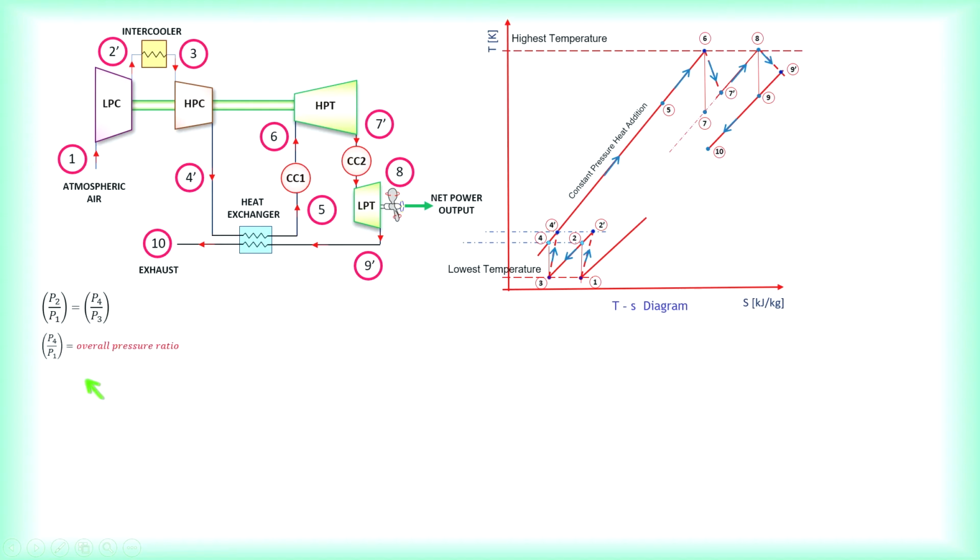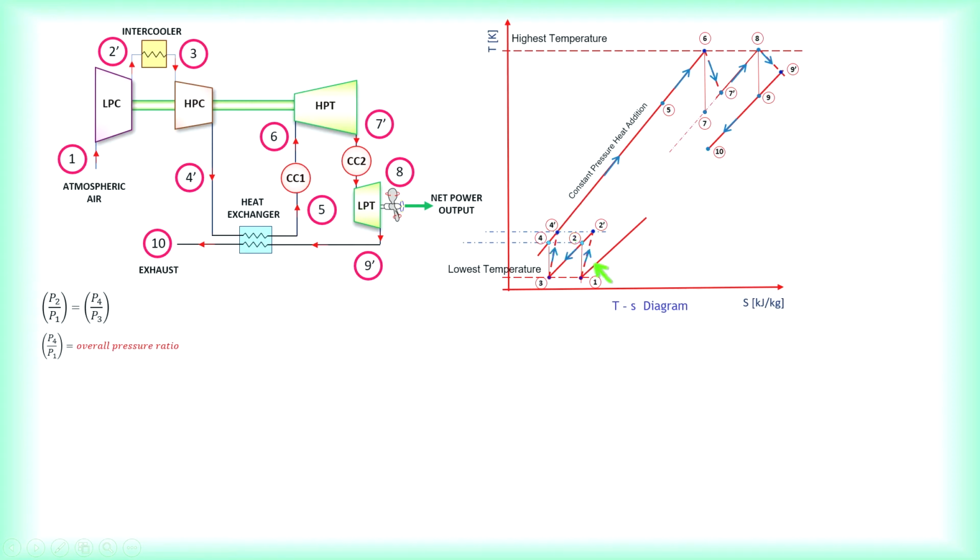And then from here, we can work out that P4 over P1, that means 4 and 1, or 6 and 9, or 6 with 10, or 4 prime with 1, all of them have the same overall pressure ratio of 9:1.